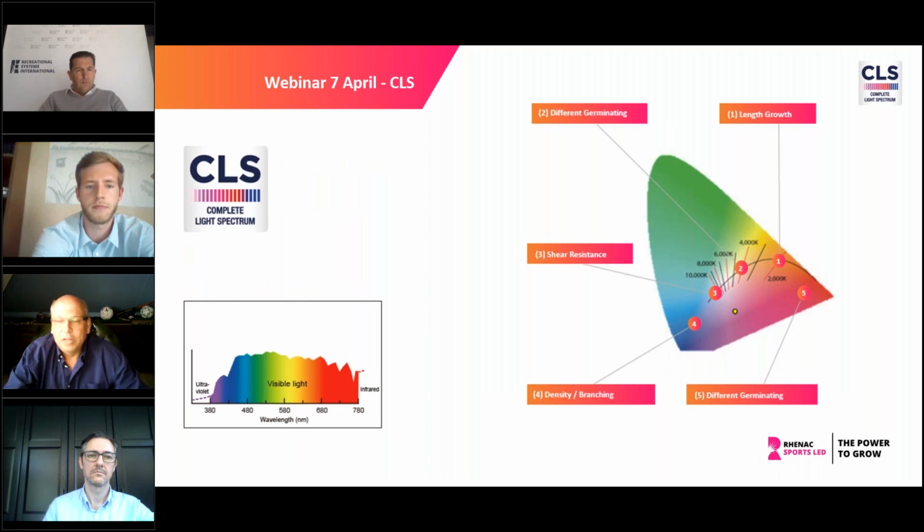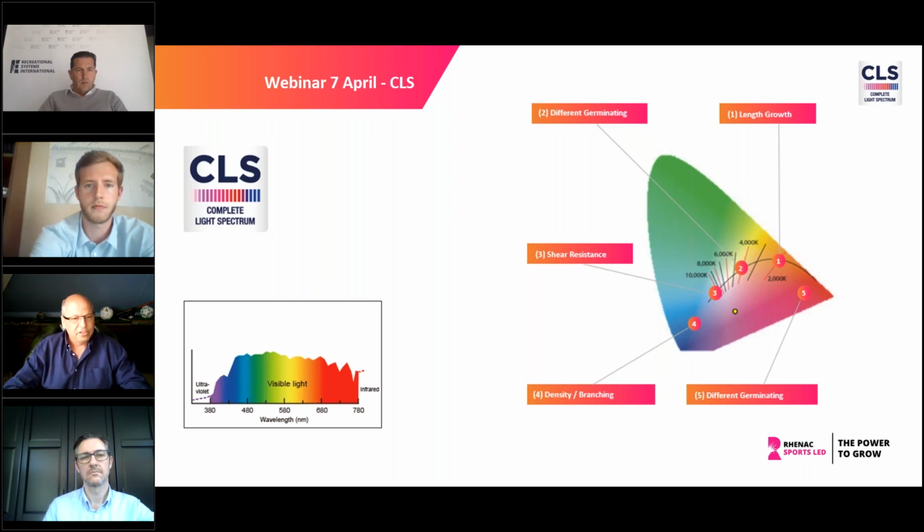So what we've shown in that presentation is that with our system, the CLS system, we are able to give you the complete spectrum of the photosynthetic light and in any intensity. And as you can see on the graph on the right-hand side, we can apply light when, for example, you want to create length growth or you want to create more density. We can play around with the applications.